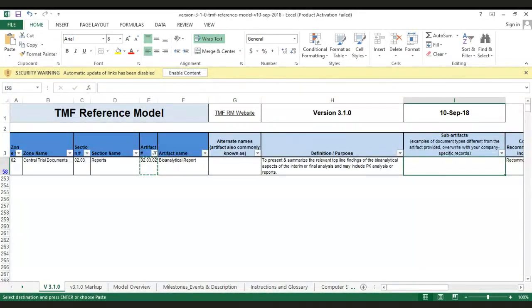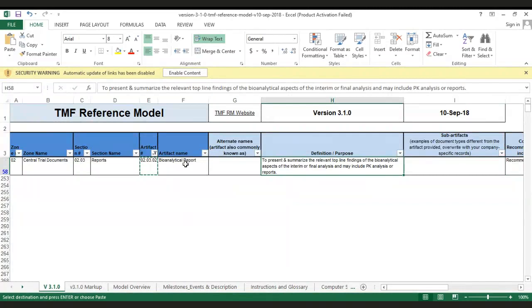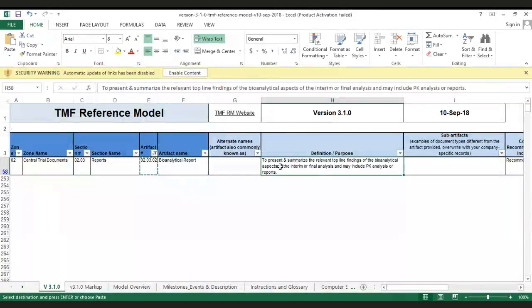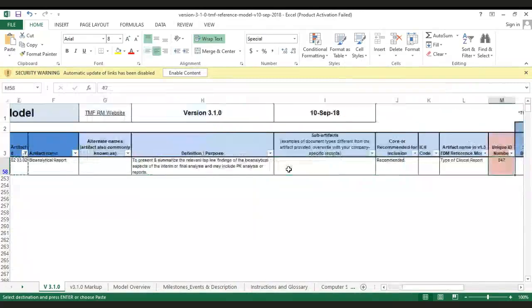tracking. Understanding this, at the same time you can read here the definition of this document. The bioanalytical report definition is to present and summarize the relevant top-line findings of the bioanalytical aspect of the interim or the final analysis, and may include PK analysis and or reports. And you can also see here we are talking about the ICH GCP.